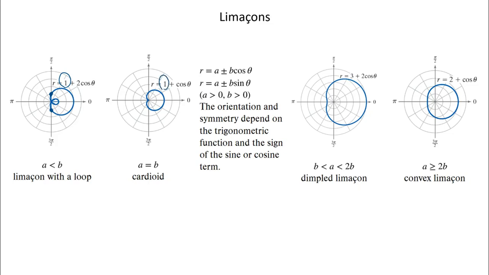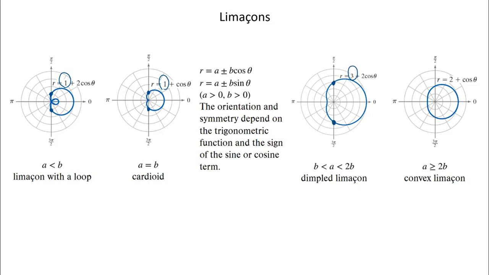Look here again, 1. My graph intercepts the positive and negative y-axis 1 unit away from the pole. In this example, 3 is the constant that's being added to the 2 cosine theta. Notice where my y-intercepts are. 1, 2, 3 units away above the pole and 1, 2, 3 units away below the pole.